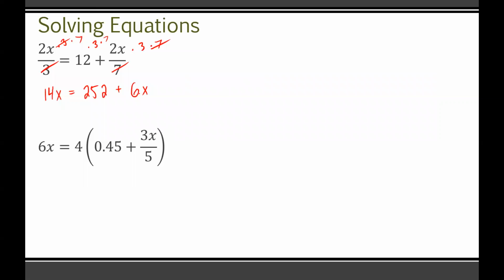We got 6x. Now this becomes a much more standard linear equation. To solve this, we just want to get all the x's to one side. So I would minus 6x from both sides. And when you subtract 6x from both sides, that's going to give us 8x equals 252. And then, of course, to get x totally by itself, we just have to divide by 8 on both sides.